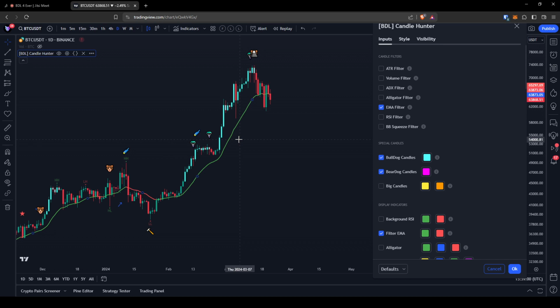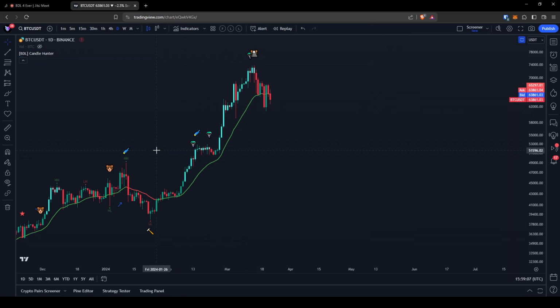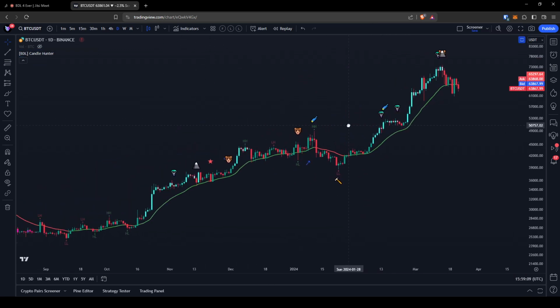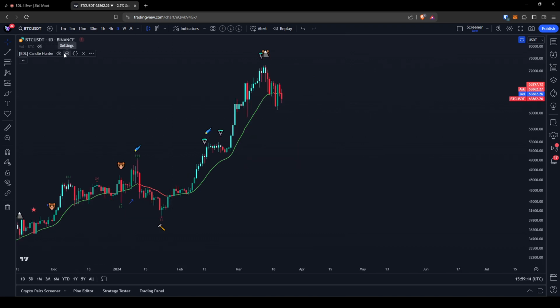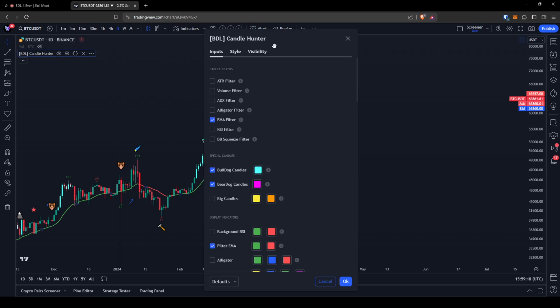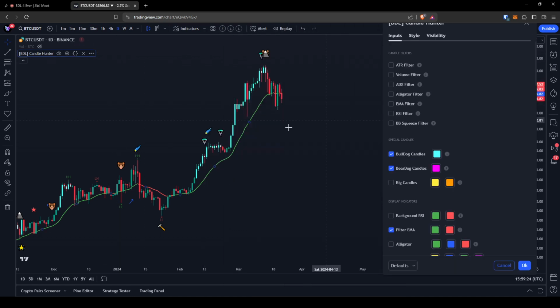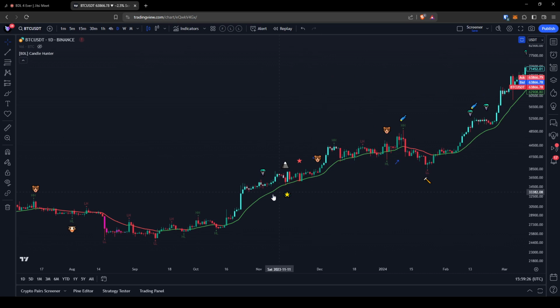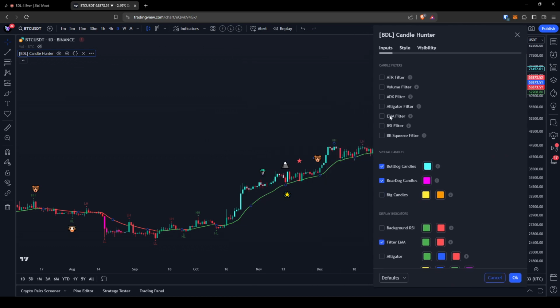If the price is above the EMA, bullish candlestick patterns will disappear. Let's try to find a bullish candlestick pattern if you turn the filter off. Toggle off. Okay, I saw one. It's the Morningstar candle. This is a good example because the price is already trading above the EMA, and now it disappeared.